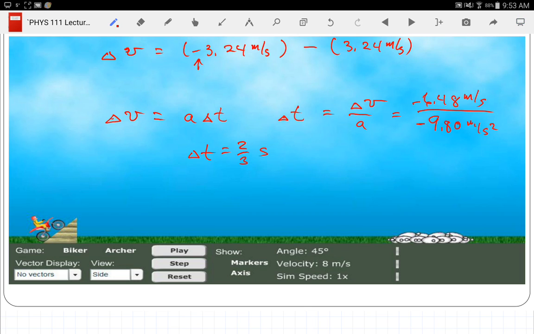Then I can calculate how far he travels, because in the horizontal direction, delta t. What was his acceleration in the horizontal direction?